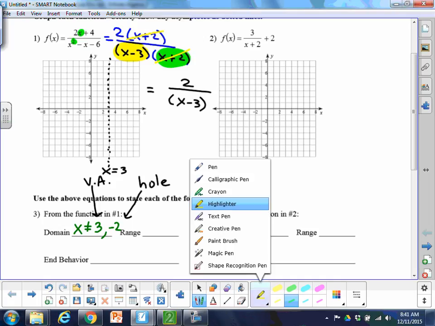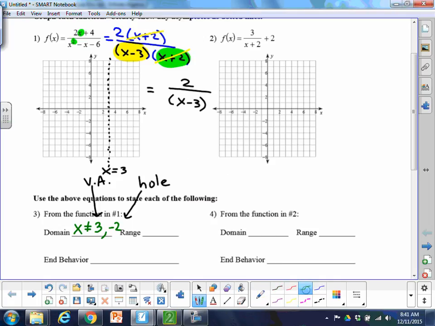When the denominator is larger, think about a fraction: if it's bigger on the bottom, in the long run that thing's going to tend to 0. You're dividing something by bigger and bigger numbers, right? So in the long run this approaches 0. That's going to be the end behavior, and it's also our horizontal asymptote at y equals 0.